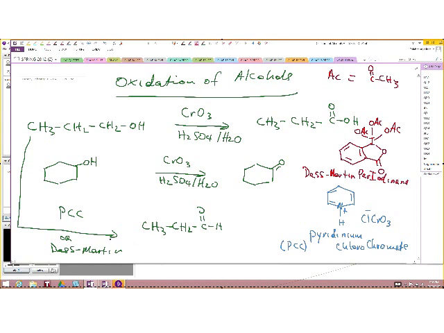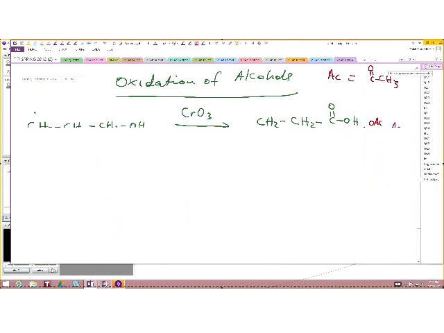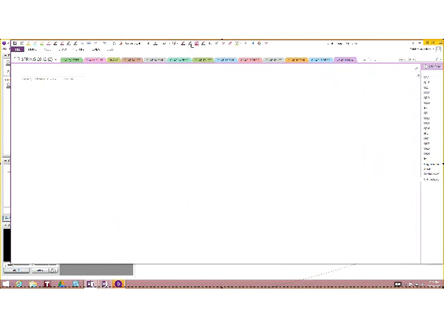But you could simply write Des-Martin, that is fine. They take a primary alcohol to an aldehyde. They could also take a secondary alcohol.